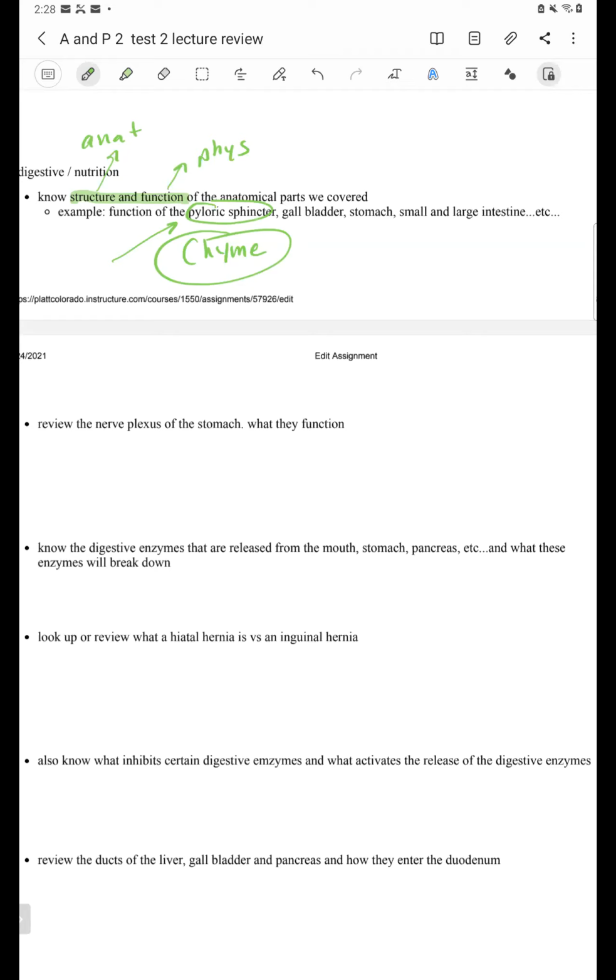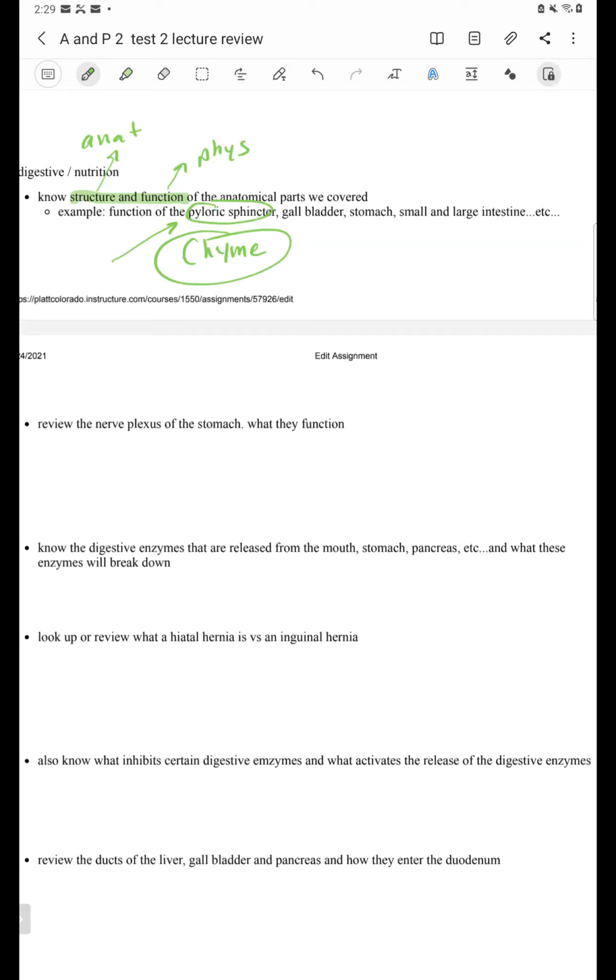Okay, the stomach is a temporary reservoir for the food so that it can be turned into the chyme. The stomach releases its own gastric juices to help you chemically break down the food that you've introduced. Okay, the small intestine is largely responsible for the actual assimilation of your nutrients.